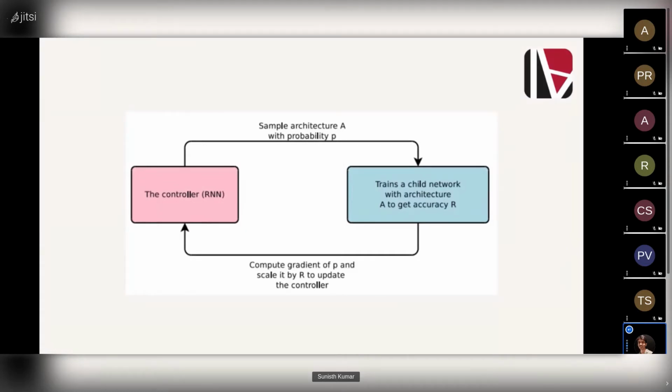The initial approaches were to use reinforcement learning, just like they use in games. So the idea was, you have a controller, it gives you some output, you test its accuracy. If the accuracy is not very good, then it changes the policy and generates another architecture.